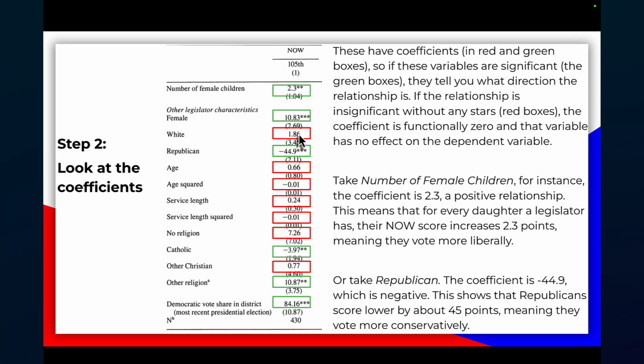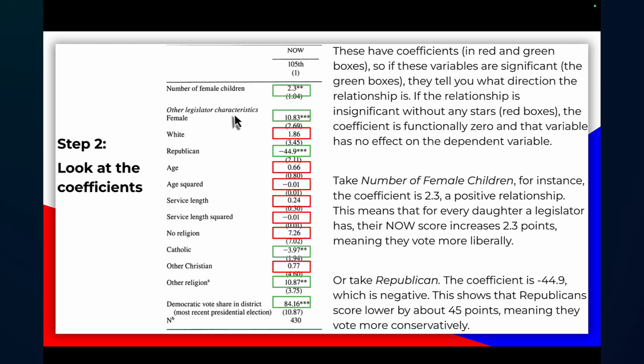So this independent variable has no effect on the dependent variable. So here I would say that white, age squared, service length squared, no religion, and other Christian, all of those are insignificant and they have no effect on our dependent variable, which is legislator liberalism.